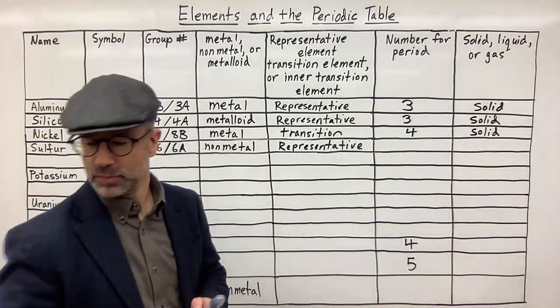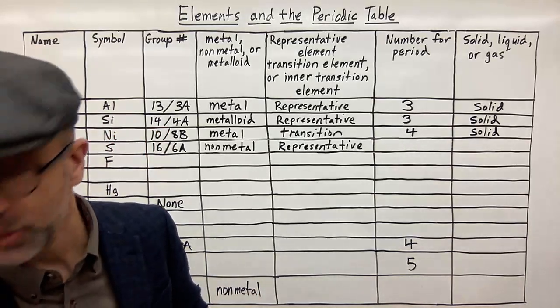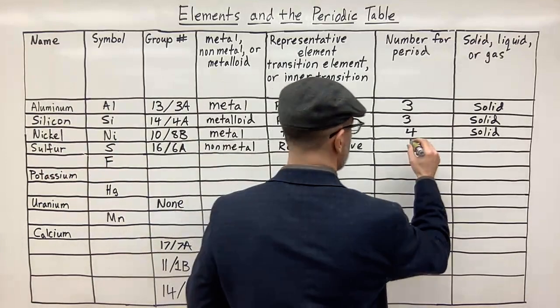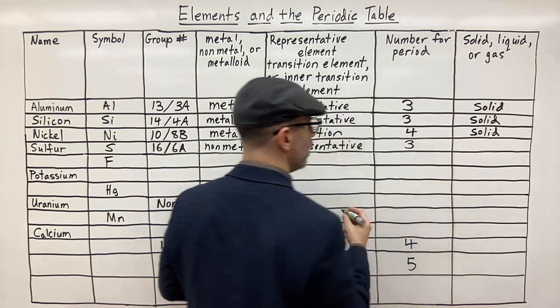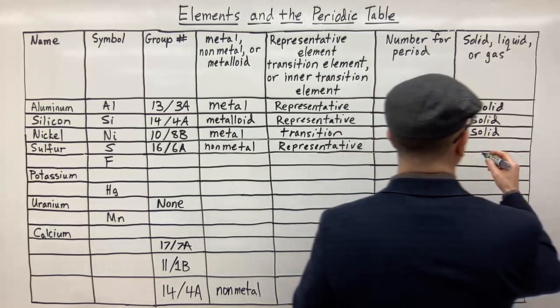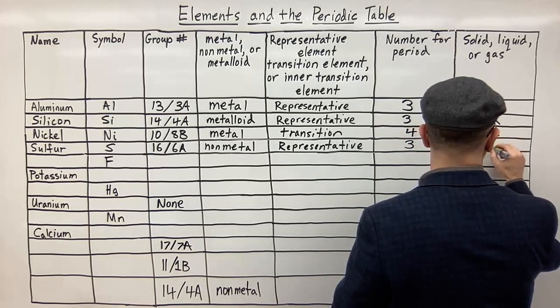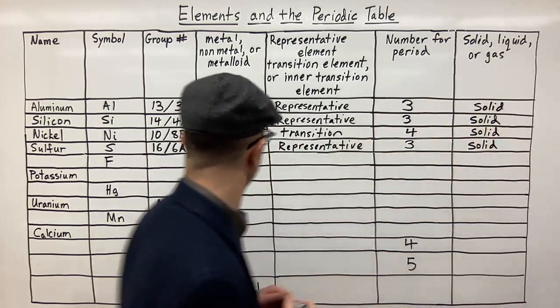And sulfur, if you count the rows, it's in 1, 2, 3, third. It's in the third period. Period 3. And this is going to be a solid at room temperature.